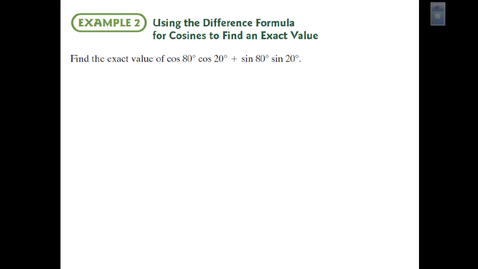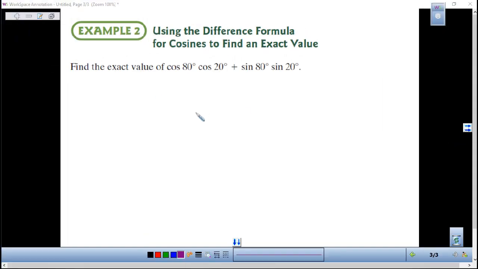All right, and another way that you might see this is written like this. Find the exact value of cosine 80 times cosine 20 plus sine 80 sine 20. Well, the thing is, all you're doing here is you're working backwards. So we know that cosine of alpha minus beta is equal to cosine alpha cosine beta plus sine alpha sine beta.